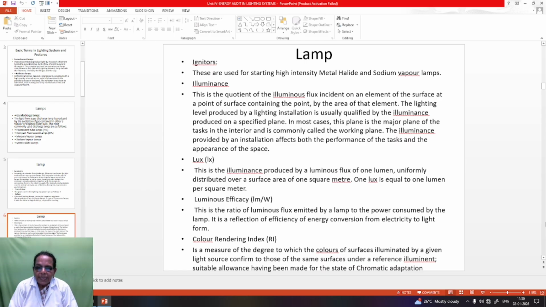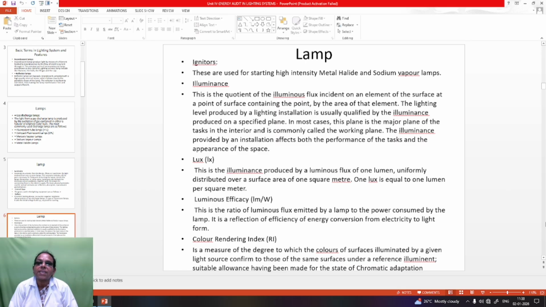Luminance. It is required for the luminance size and incident on the element of the surface at a point of surface containing the points by the area of the element. The light level produced by the lighting installation is usually quantified by the luminance produced on the specified plane.